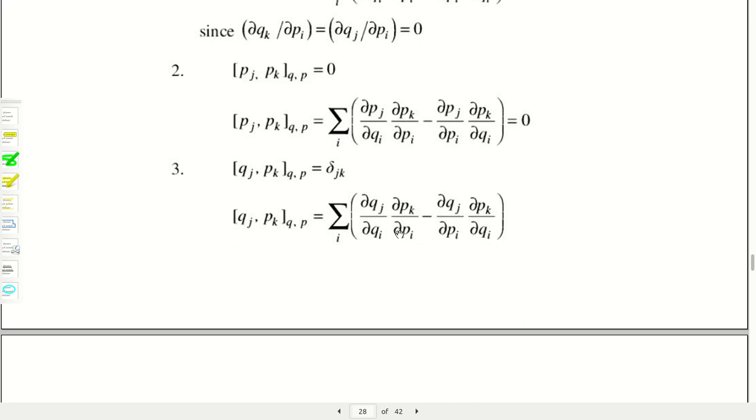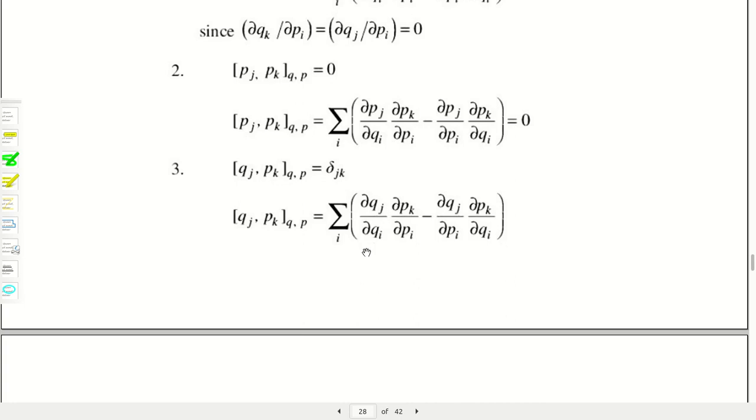Use the formula. First consider the second term: del qj del pi is 0, del pk del qi is also 0. But the first term is del qj del qi and del pk del pi, so the derivative will give you 1 when j and i are equal, and k and i are equal, and otherwise it will give you 0.